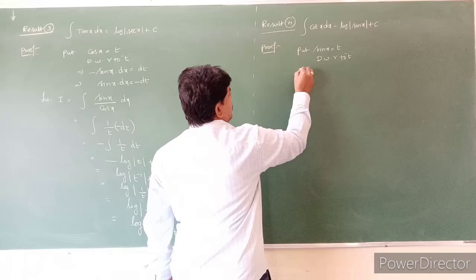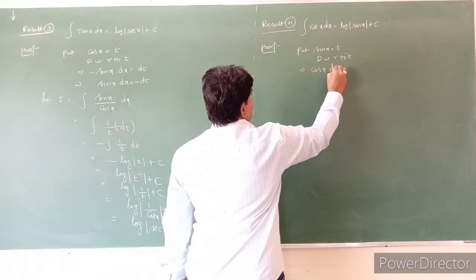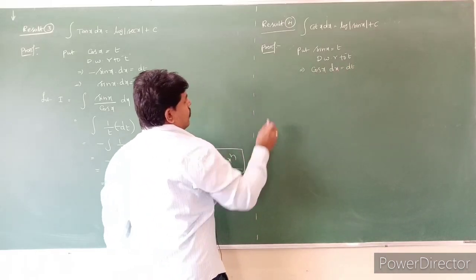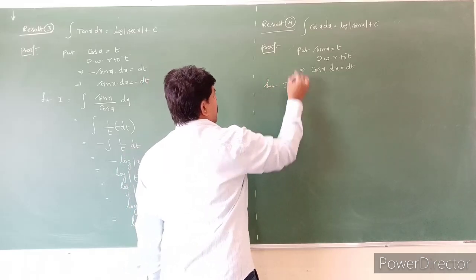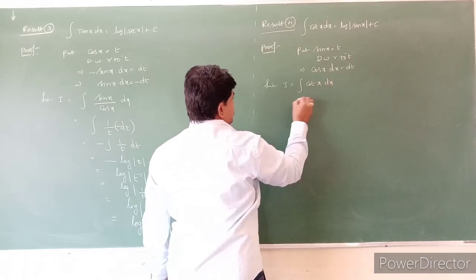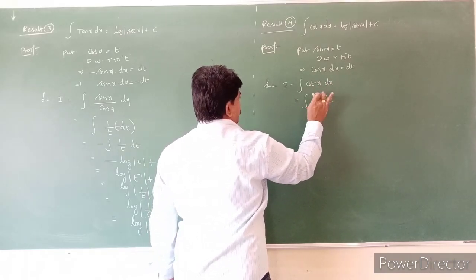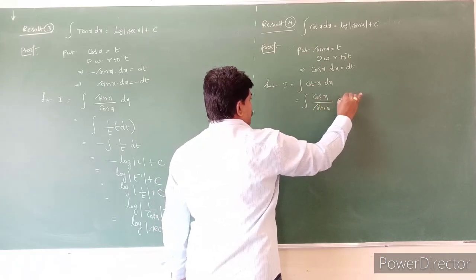Sin x derivative is cos x into dx, which will become dt. So in this problem, let I is equal to integral of cot x into dx. That is equal to integral of cot, and cot is nothing but cos x by sin x into dx.